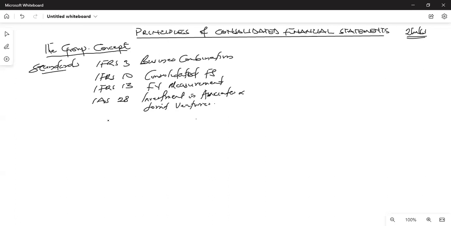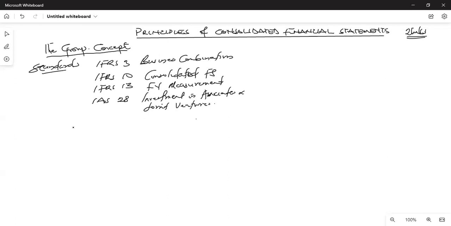Then you may add IAS 27 for separate financial statements. So these are the standards that we have. Now, most importantly, there are definitions we need to look at, and I'm going to limit myself to about 4 of them, all right? That builds up the foundation to this.